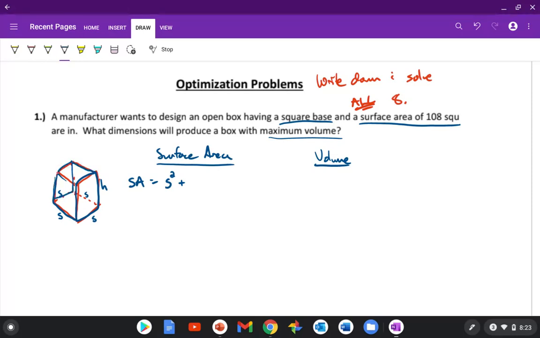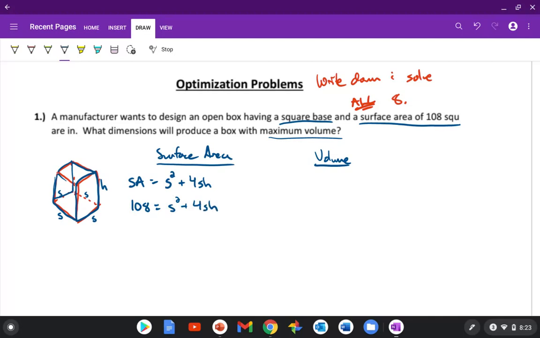So we'll say 4 times SH, 4SH. So that would represent our surface area. And we know the surface area is 108 square inches, so we could say 108 equals S squared plus 4SH.